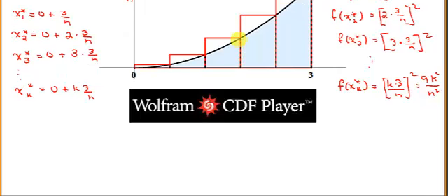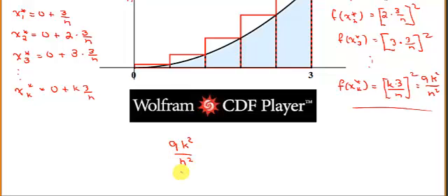So that would be the height of the kth rectangle. All right, 1, 2, 3, all the way out to k, the kth rectangle. So the height is 9k squared over n squared.